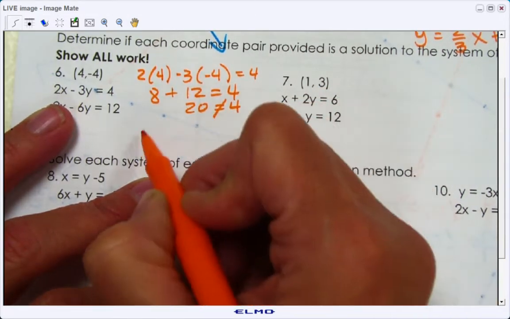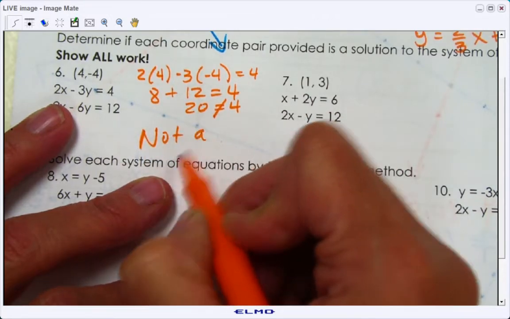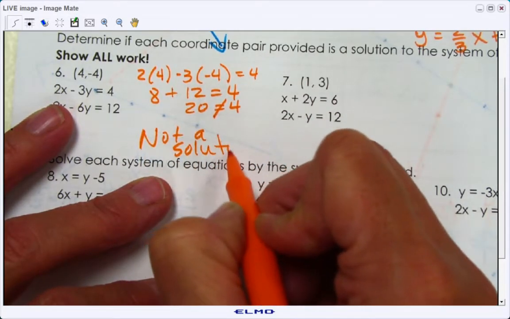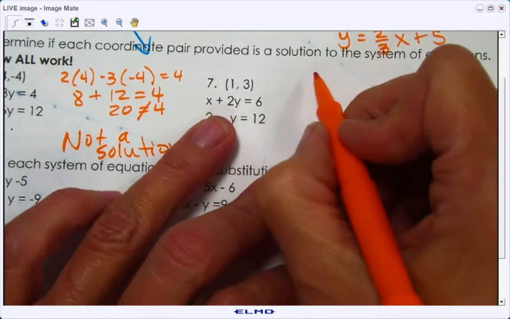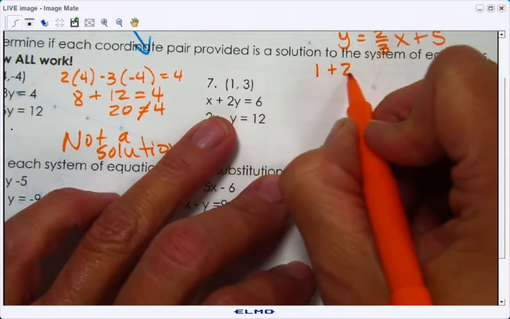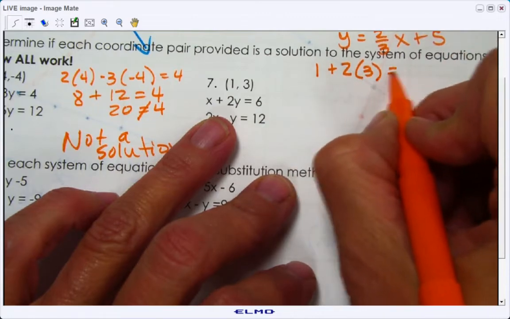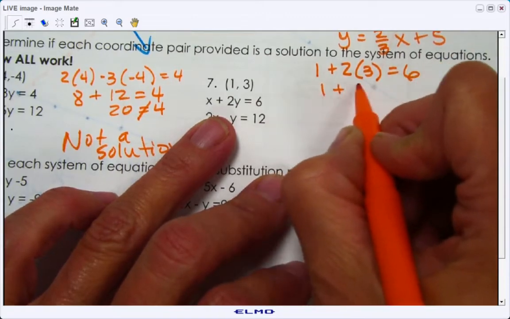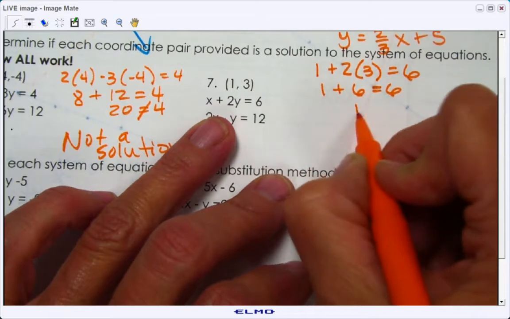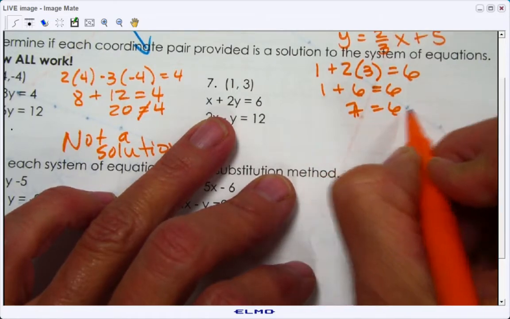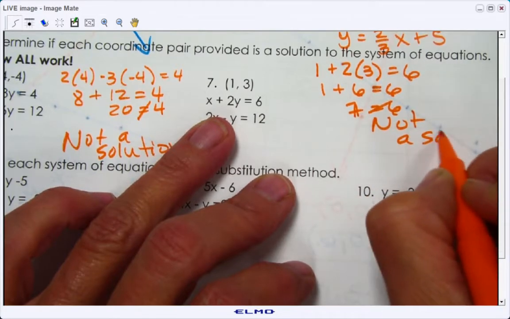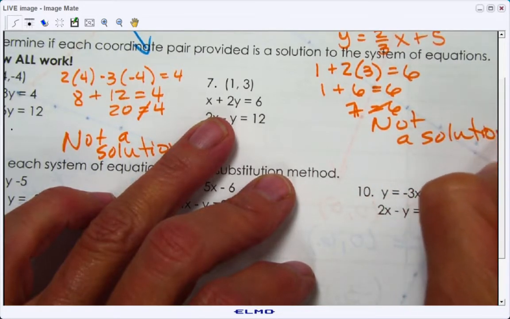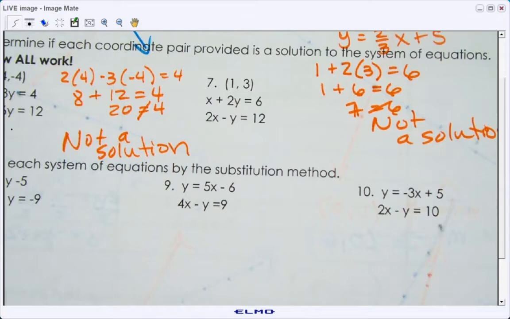It sure does not, so it's not a solution. Then I do this one. I replace the x with 1, the y with 3. 1 plus 6, does 7 equal 6? No. So not a solution. Guess I should have picked one that was a solution.